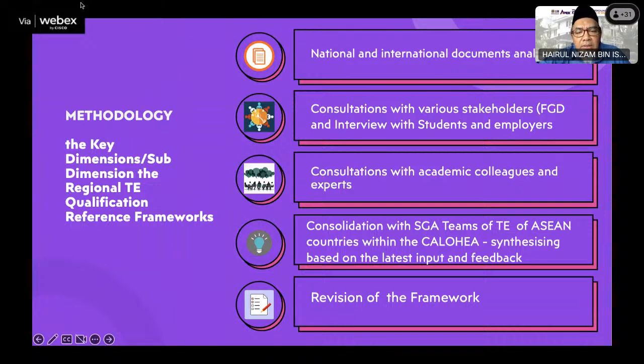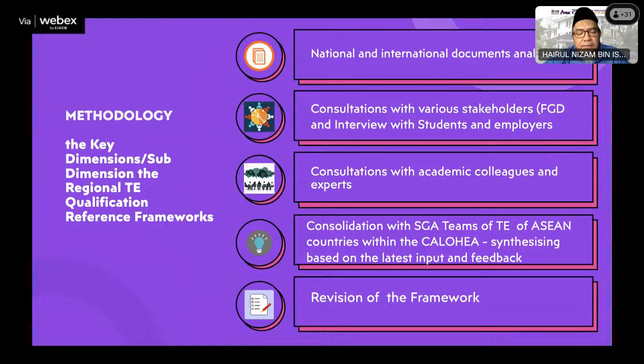We also consult colleagues in different education-related institutions, like teacher education institutes and different universities, so that we can get a better understanding, maybe a check and balance, of what should be in the framework.